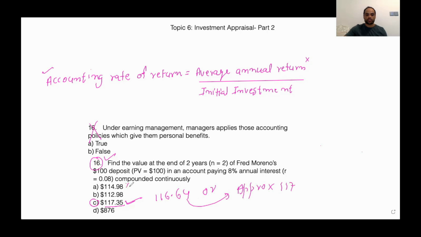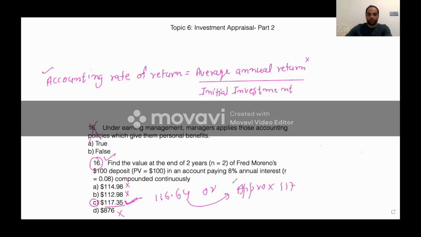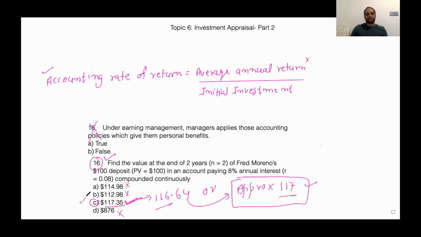This is not close to 116 point something, this is not close, and this is obviously not close. It's not exact maybe, but as we mentioned before, you have to choose the closest number, obviously 116 or 117.3. So that's why C is the right answer, right?